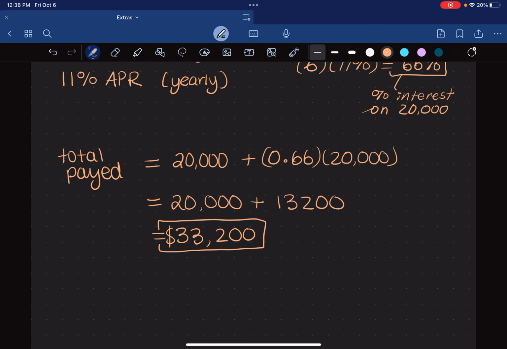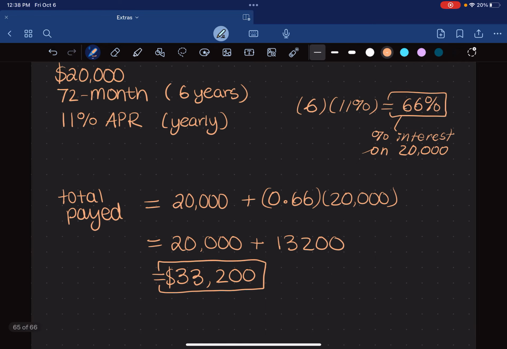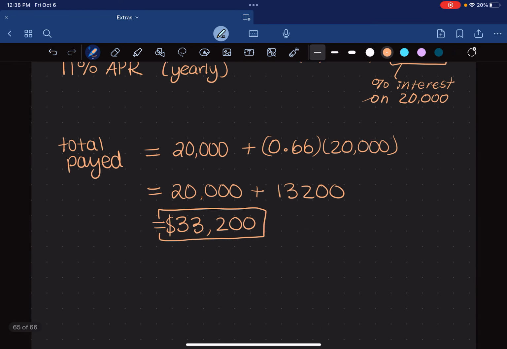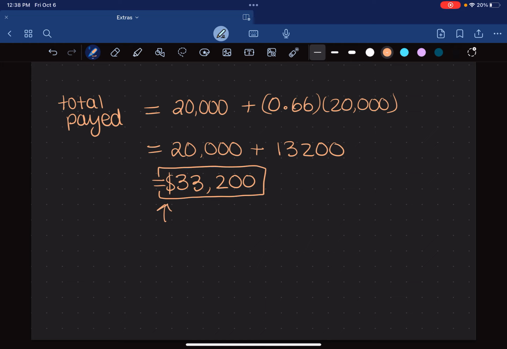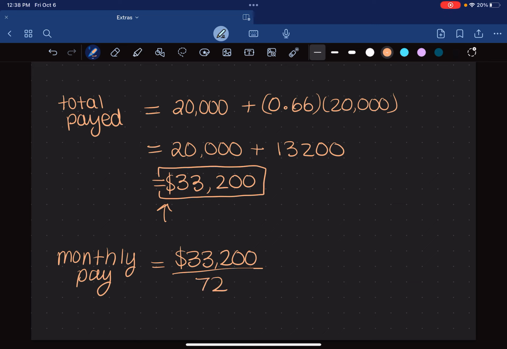Even though it was originally a $20,000 car, that was the ticket price. If you don't pay it in full and you finance it, you end up spending quite a lot on interest. And then we want to figure out our monthly payments. Well, this is going to be divided up into the 72 months. So our monthly payment is going to be this $33,200 divided up by 72 months.